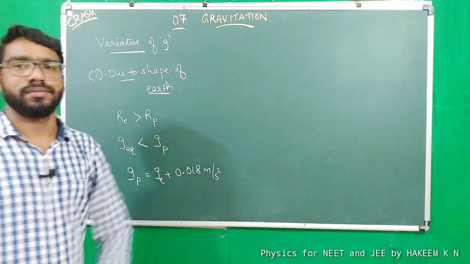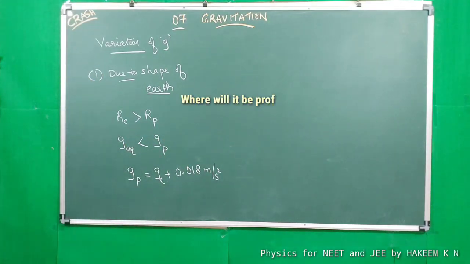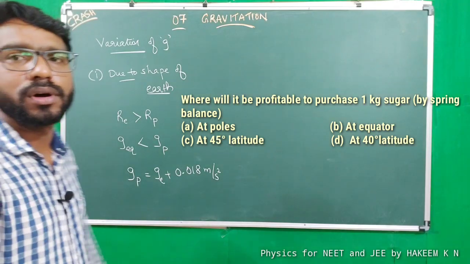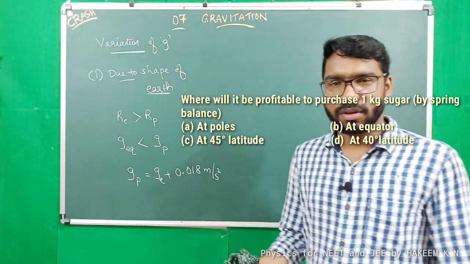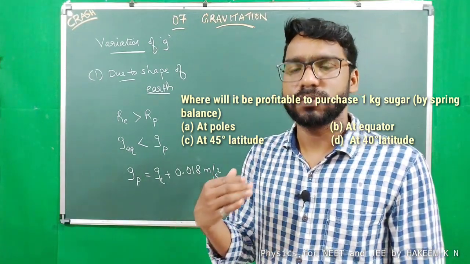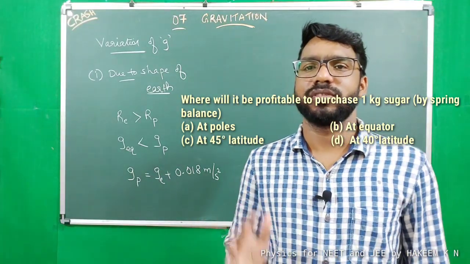Here is a question. Where will it be profitable to purchase 1 kilogram of sugar by spring balance? At poles, at equator, at 45 degree latitude, at 40 degree latitude. What is your answer? For buying 1 kilogram sugar or rice, is it profitable buying it at poles or at equator?